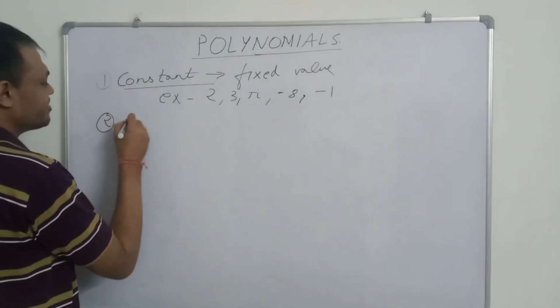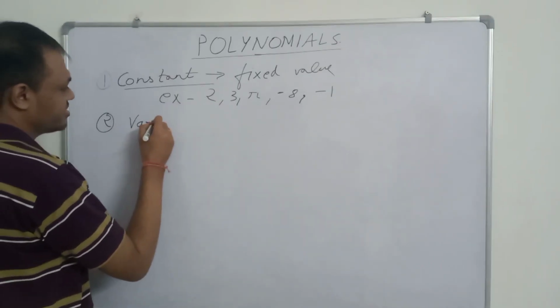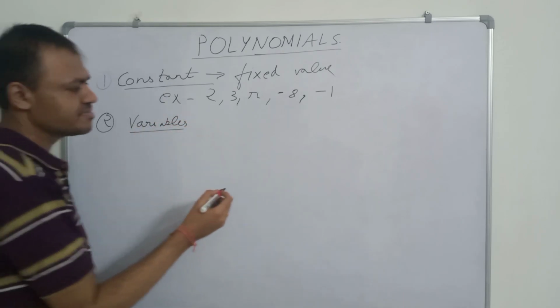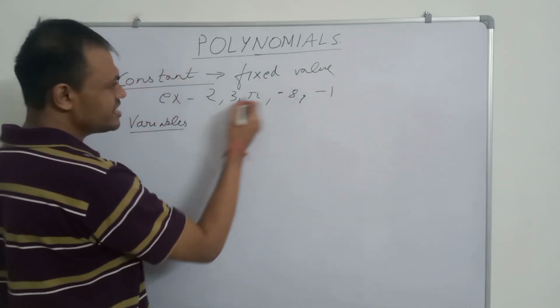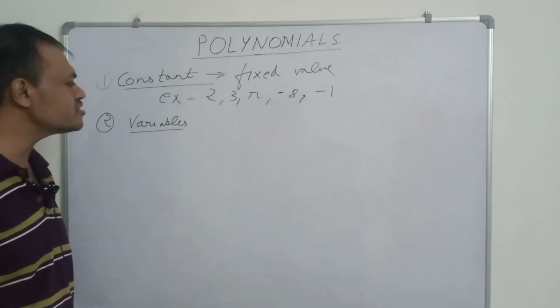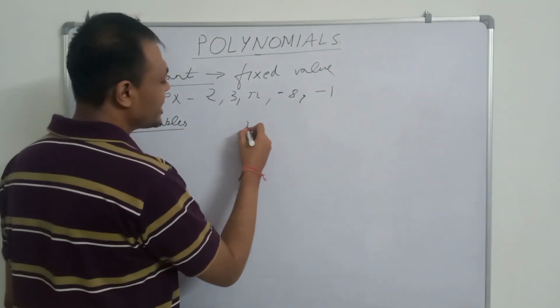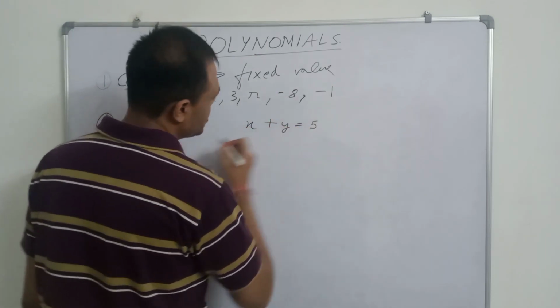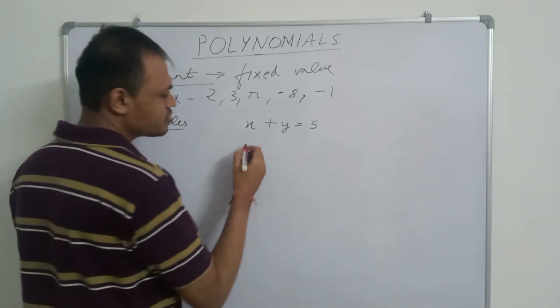Next we have variables. Variables are those whose value is not fixed. Constants have fixed value, whereas variables' value is not fixed. So let's take an example, x plus y equal to 5. Here the value of x and y is not fixed.